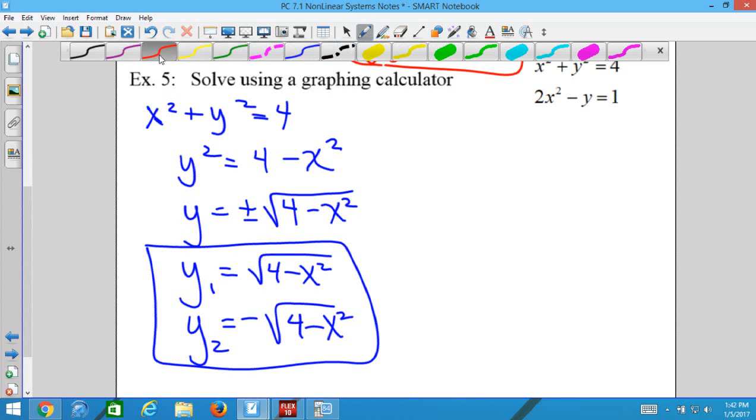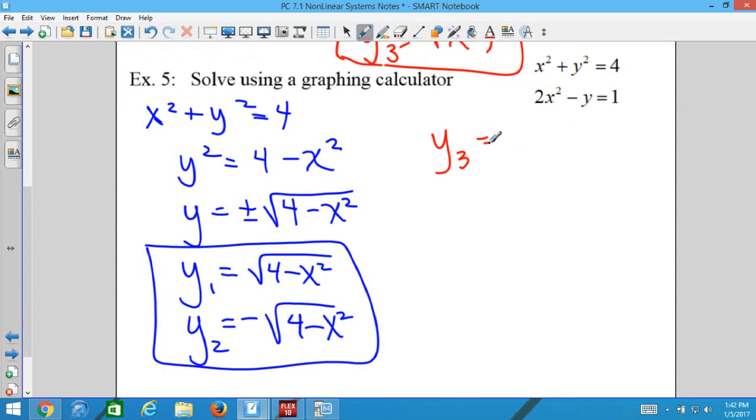And then our third equation, 2x squared minus 1.